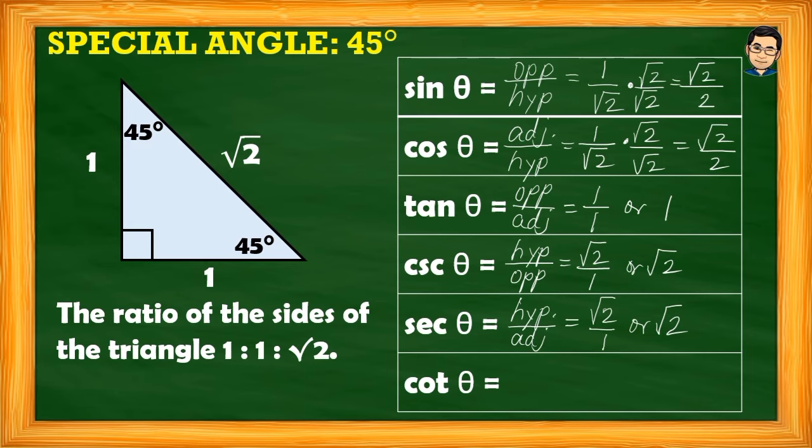So, kung yung sine natin equal sa cosine, yung ratio nila, ganun din po dun sa reciprocal. So, cotangent theta, ganun din. So, adjacent over opposite. That is 1 over 1 or 1. So, ayan po lahat ng trigonometric ratios ng ating special angle na 45, 45, 90 degrees.